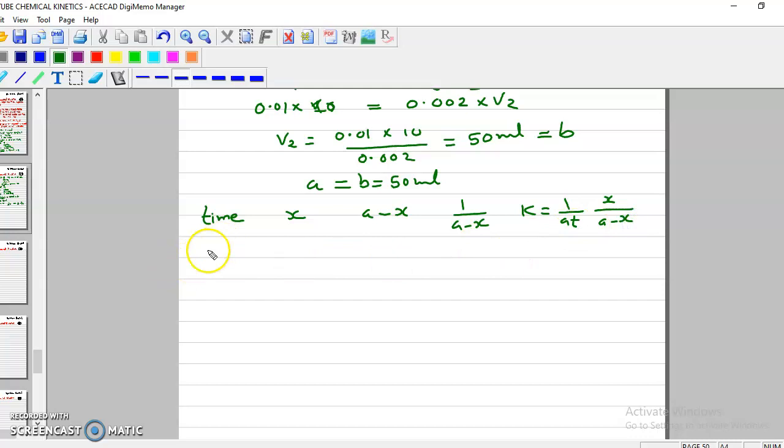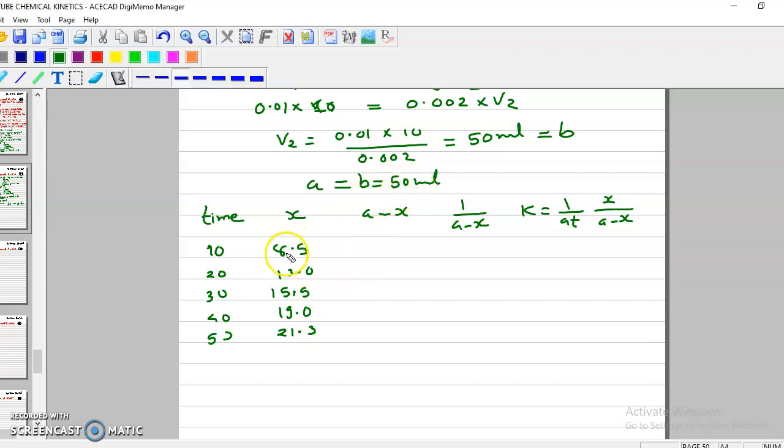First of all, at time 10 minutes, 20 minutes, 30 minutes, 40 minutes, and 50 minutes, the burette readings are 8.5, 13.0, 15.5, 19.0. These are given. 21.3.